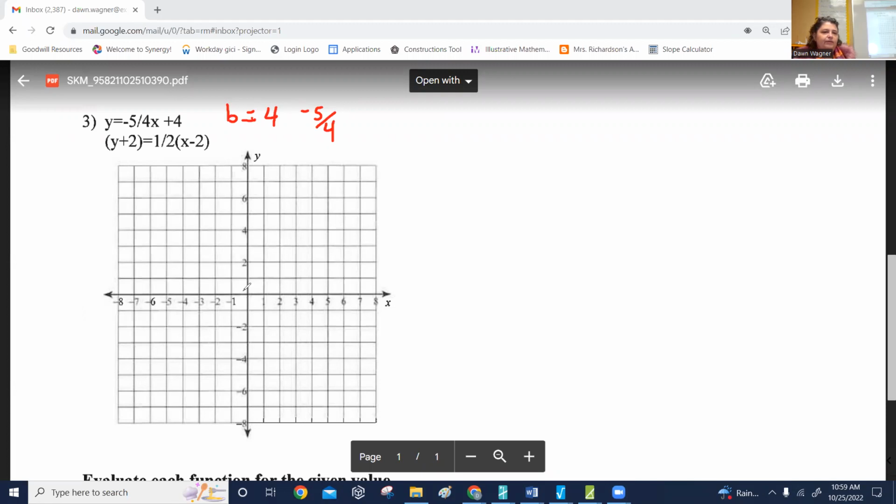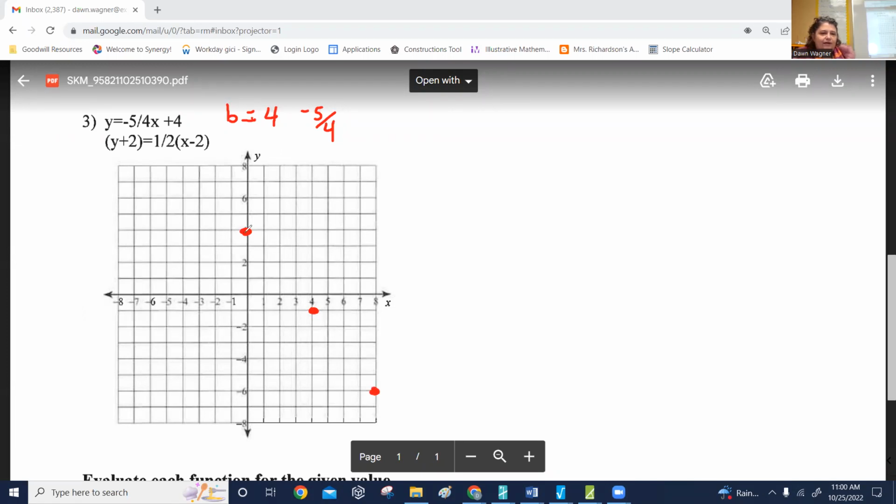So here I'm going to go up 4, make my dot. From this dot, you're going to go down 5, 1, 2, 3, 4, 5 over positive 4. 1, 2, 3, 4. Land right on the edge there.